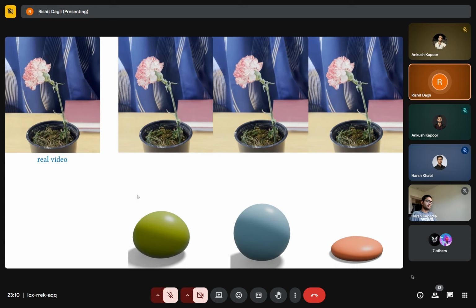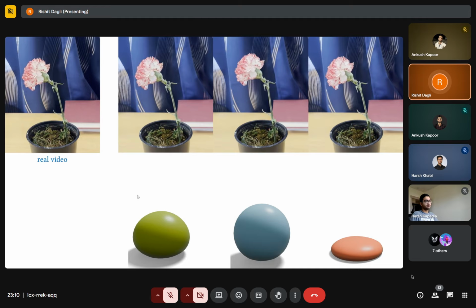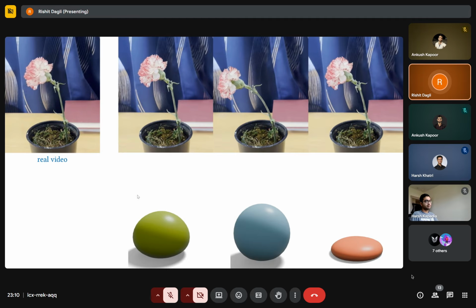So inverse problems are, I mean, there's a bunch of inverse problems in machine learning and vision. One easy one is you see a video and then try to generate the next parts of the video, or you see a video and then you try to get all of the geometry in the object.